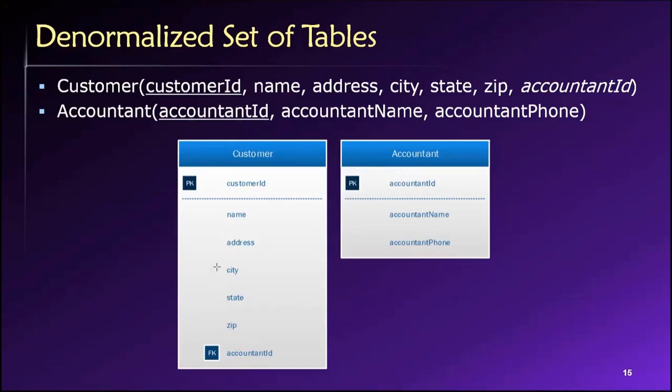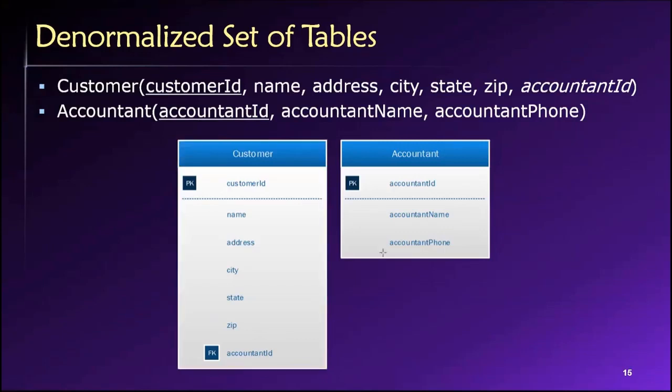And we've taken that information out of the zip code table and we've just parked it in the customer table. So now if we want to get a customer's address, we only need to look in one place. And that's a very desirable thing to do from a performance perspective, right? I can just look in this one single table and get the customer's complete address information.